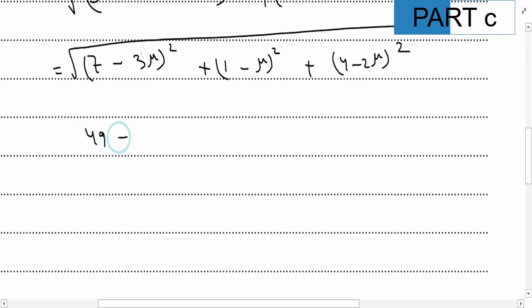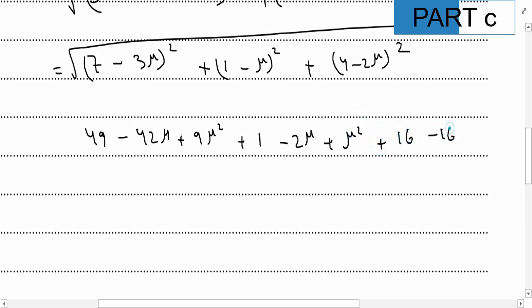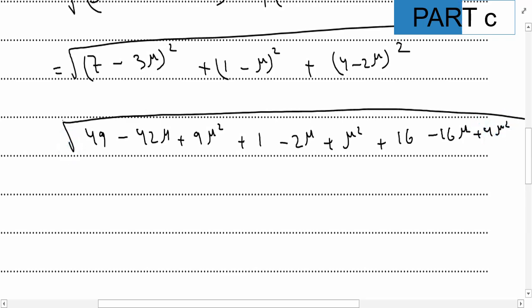49 minus 2ab. 7 times 3 is 21. 21 times 2 is 42. 42 mu plus 9 mu squared plus 1 minus 2 mu plus mu squared plus 4 squared is 16 minus 16 mu plus 4 mu squared, whole under root, and this was equal to the square root of 66.